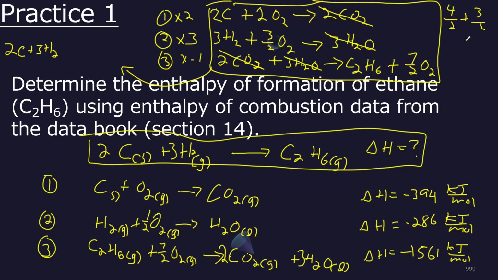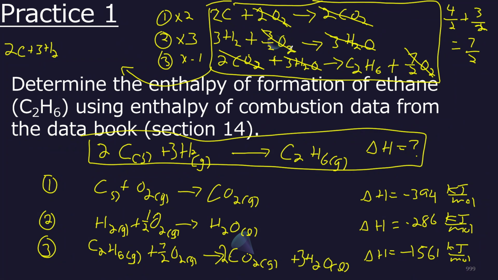That equals 7 over 2. So luckily that turns out it's exactly how much we have produced in the products as well. We use up 7 over 2 O2 and we produce 7 over 2. So these oxygens will all cancel out.